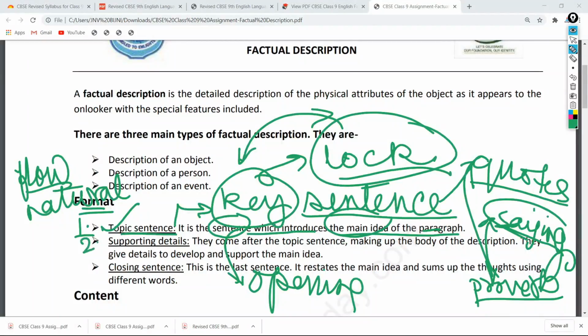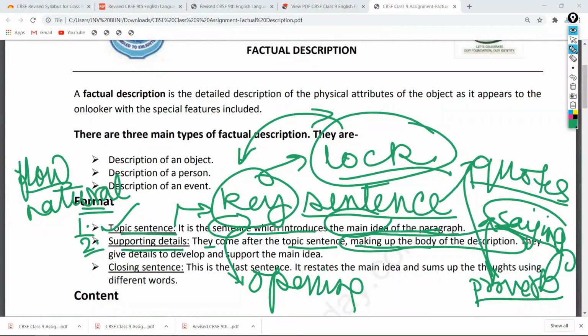Therefore, in the second part, we will have to add the supporting details. These supporting sentences come after the topic sentence. After the topic sentence, the supporting details come. They make up the body of the description.